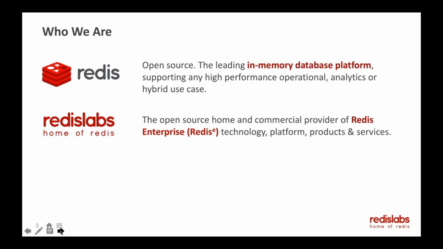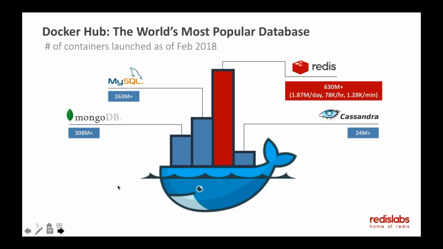So what are the main attractions for Redis Enterprise? If you look at Docker Hub, the Redis container itself has 630 million downloads. It is the most downloaded database out there from Docker Hub.